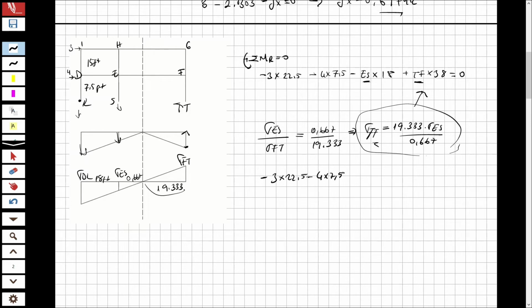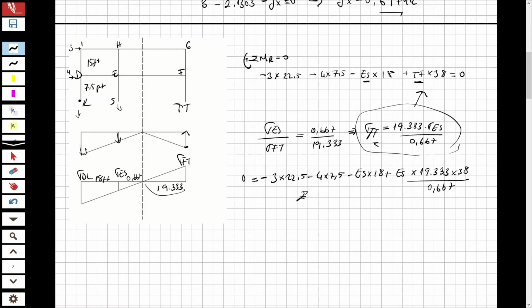I'm going to rewrite the moment equation here. This is equal to 0.